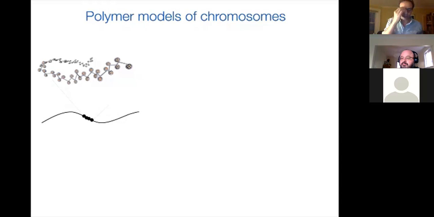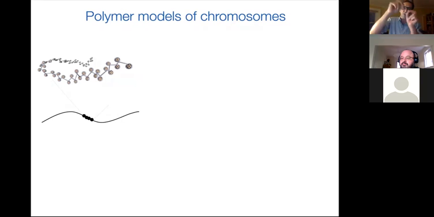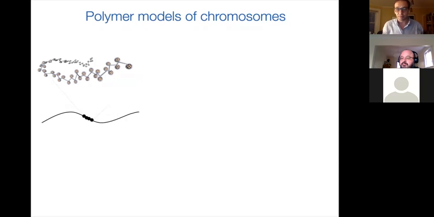A good experiment gives you about a billion interactions, typically between fragments that approach each other closer than, I would say, about 100 nanometers. So if two regions are closer than 100 or maybe 150 nanometers, then they have a good chance of being recorded as a contact. That's the scale, about 100 nanometers.